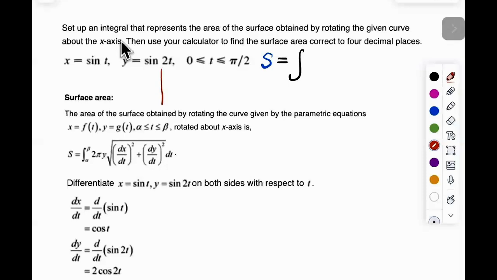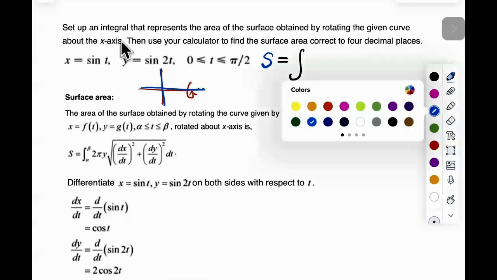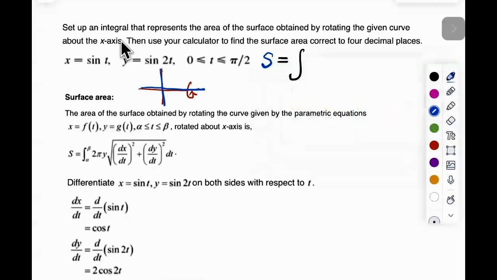When you rotate about the x-axis, here is the curve, like this. You label this point, it doesn't matter how it looks, so it's x comma y. So rotate about the x-axis.